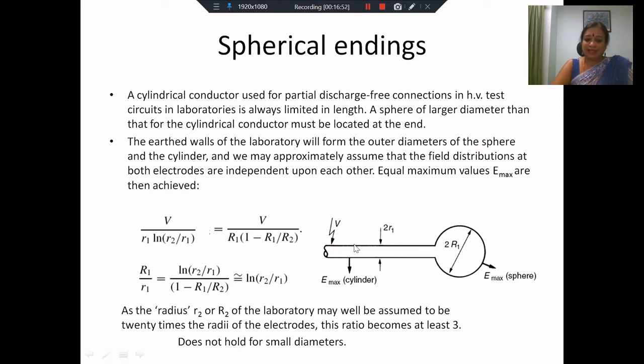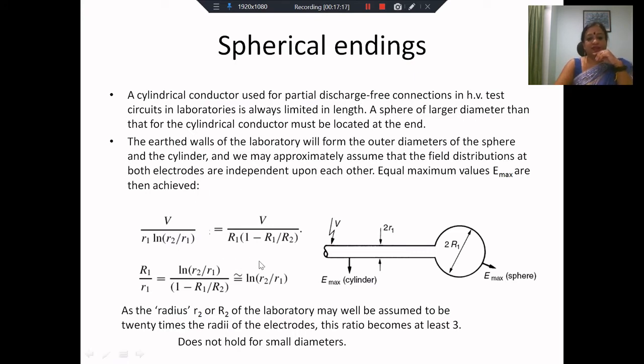what we are setting up is a required dimension for the radius or the diameter of the spherical end termination. So you have a cylindrical conductor with a radius small r1. You are trying to figure out what should be the radius for the end termination sphere.